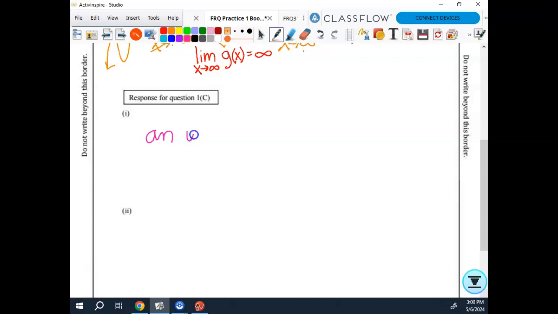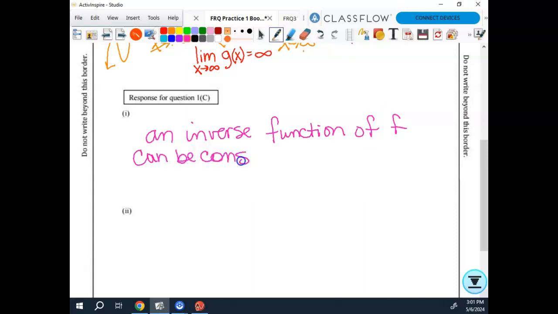An inverse function of f can be constructed for all values.